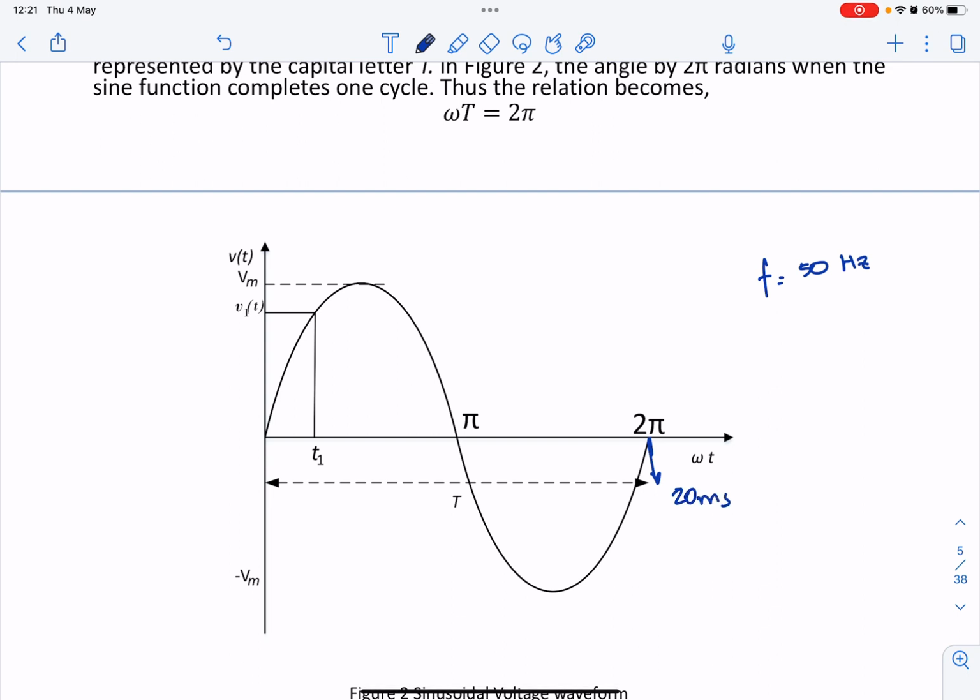One complete cycle means the sinusoidal waveform has its complete form. We cannot call this sinusoidal if it only reaches here. Sinusoidal, you need to complete from here to here. If you complete the cycle of the sinusoidal from this point to this point, we call it one complete cycle.